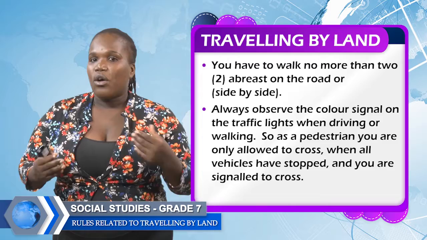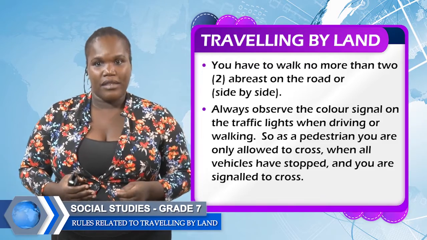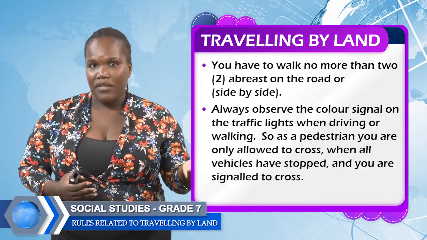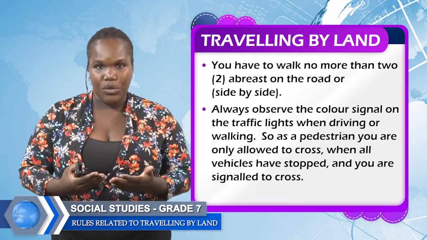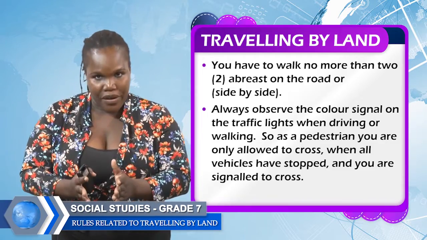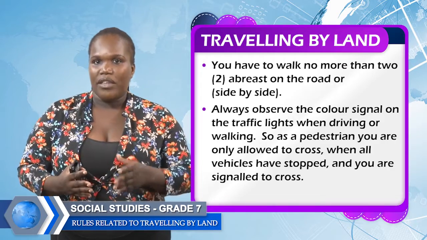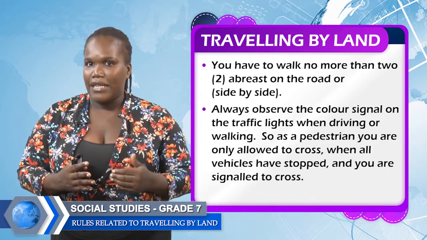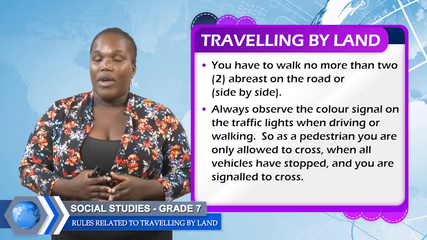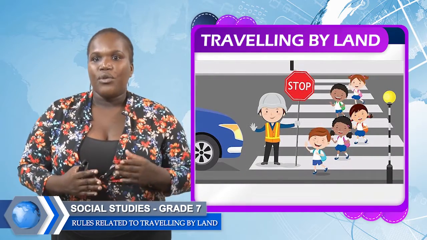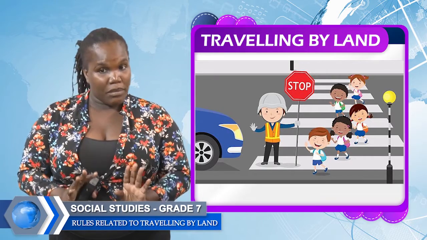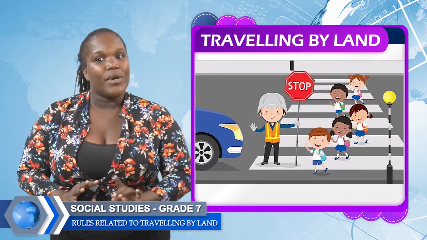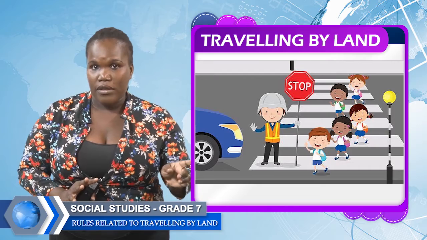2, we have to always observe the color signals on the traffic lights when driving or walking. Sometimes this causes a little confusion, because drivers, once you're in the vehicle and you're driving, you have to go when the light says green. However, as a pedestrian, you are only allowed to cross when all the vehicles have stopped and you are signaled to cross, right?